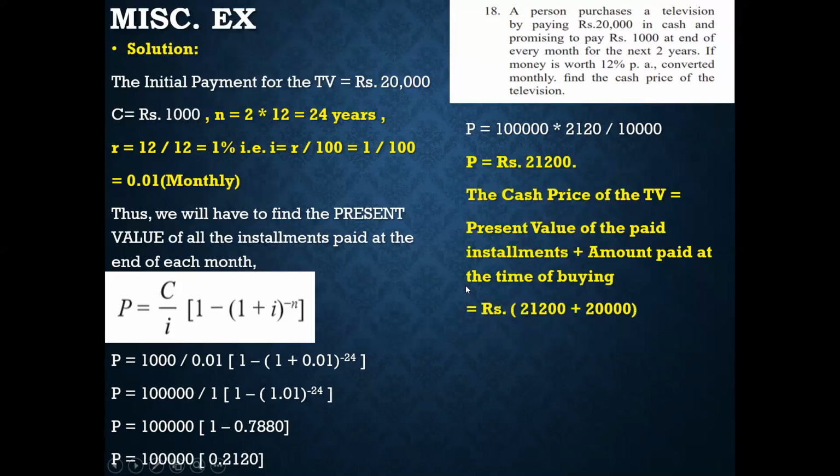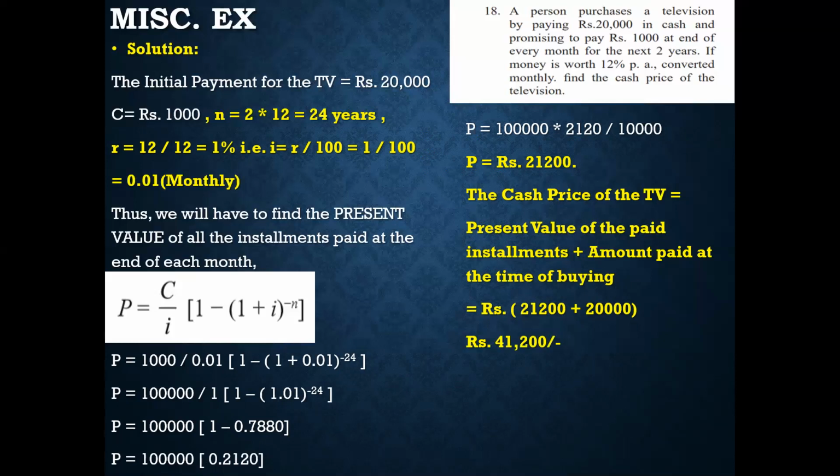That is 21,200 plus 20,000, which gives a total of 41,200 rupees. So the cash price of the TV is 41,200. So this sum is very, very, very important and crucial from board exam point of view. So listen and understand it carefully, class.